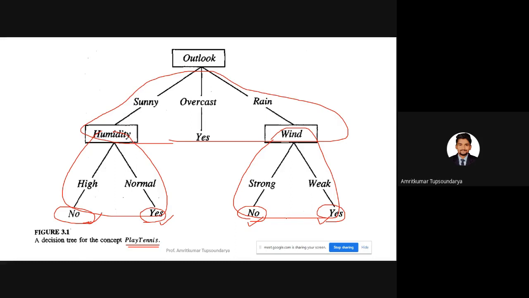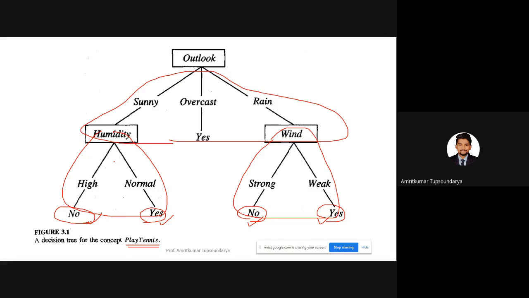So this tree basically classifies the example we have taken here. It classifies whether, let's say, on a Saturday morning we will be able to play the tennis game or not. It is just an example, right? This particular tree gives us the classification of whether a Saturday morning is suitable to play tennis or not.